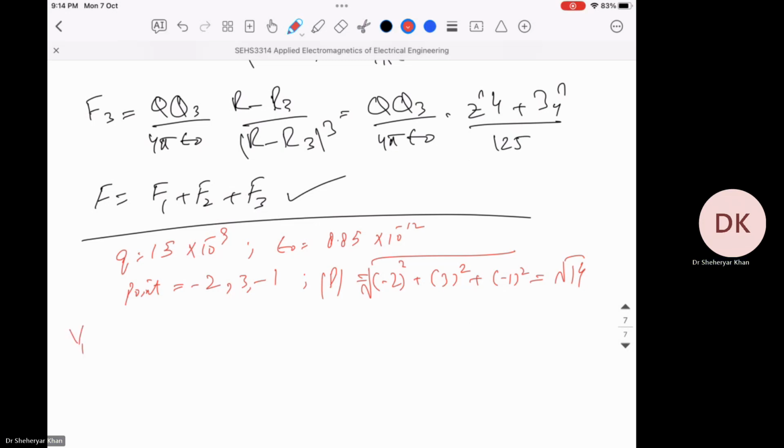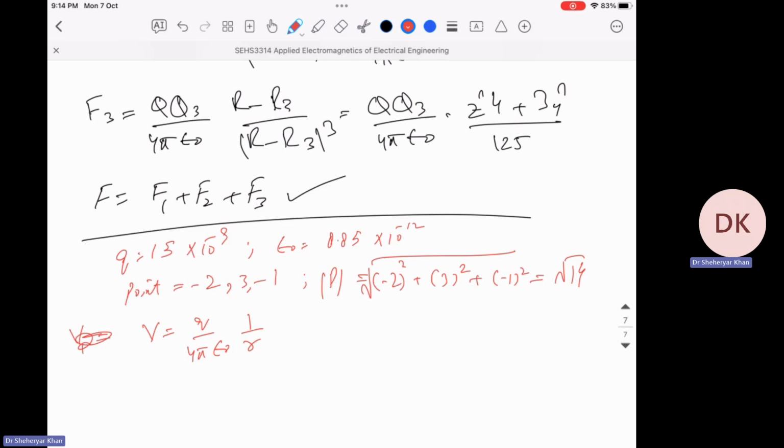So we know from the formula that V is equal to Q over 4 pi epsilon naught R. That was the formula for finding the voltage when a charge is given.